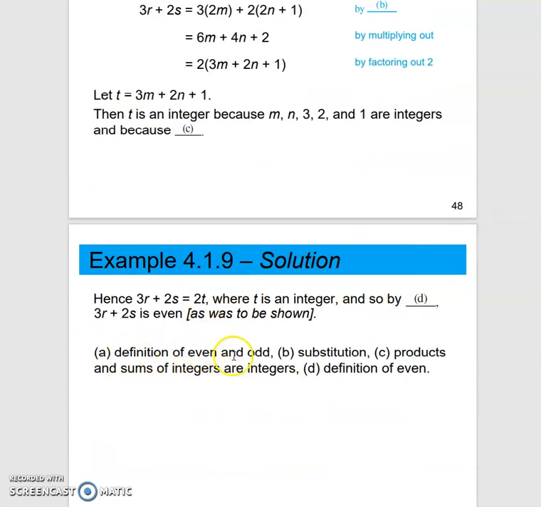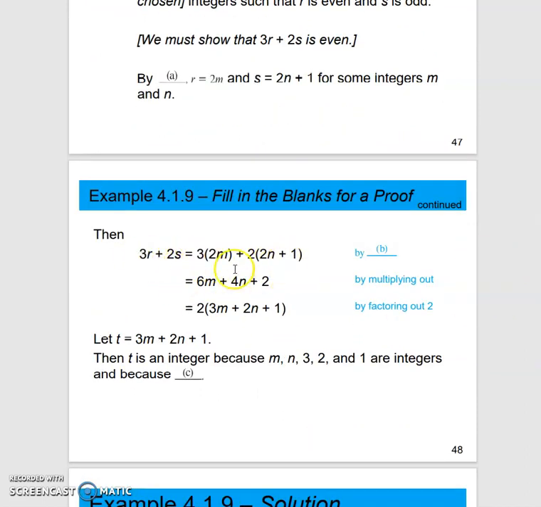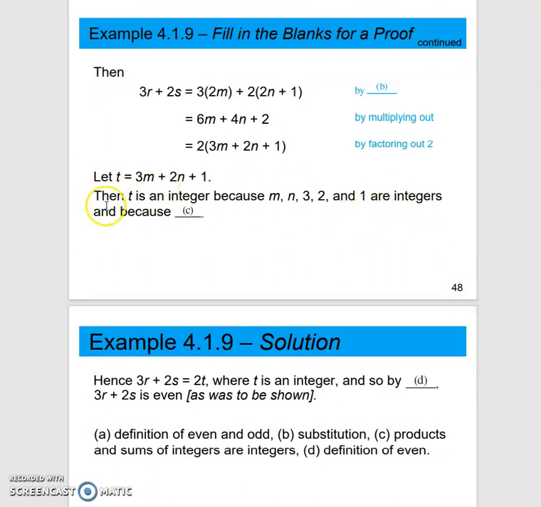And we can do that. We've also got the definition for an odd number for my S value as well. Our first step in here, that is our substitution step. Instead of writing R, we're writing what R is. So there's our substitution step. We know T is an integer because those are integers and because the integers are closed under addition and multiplication.